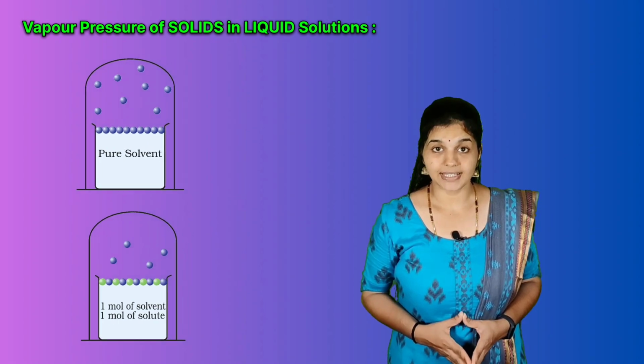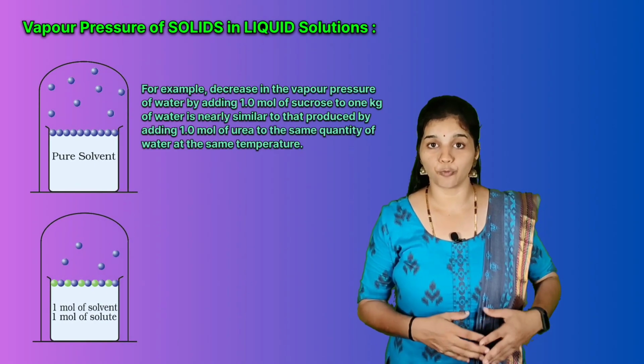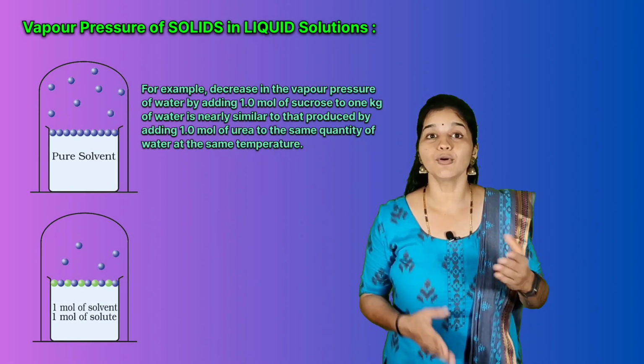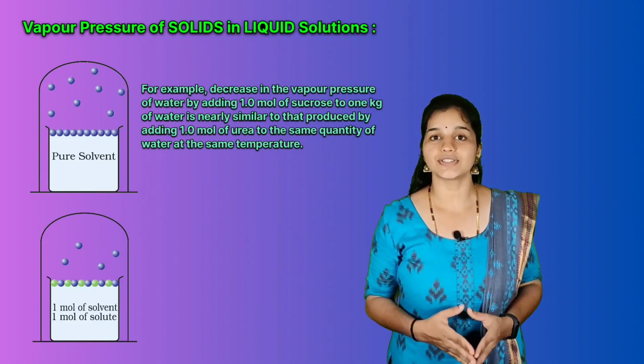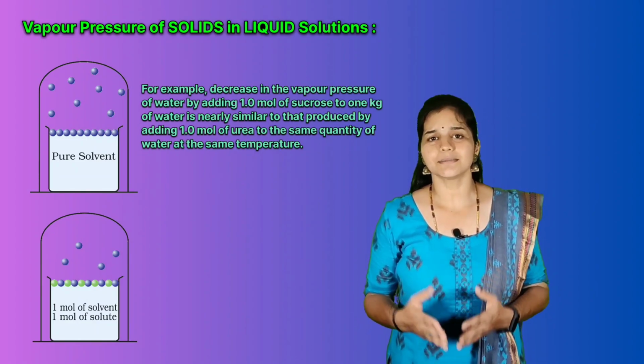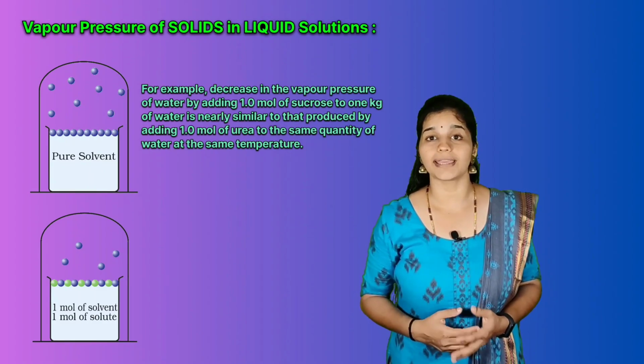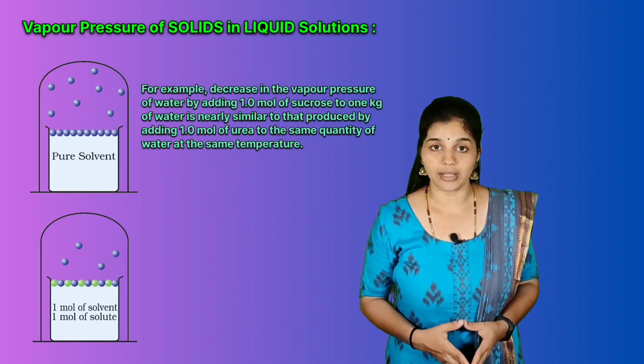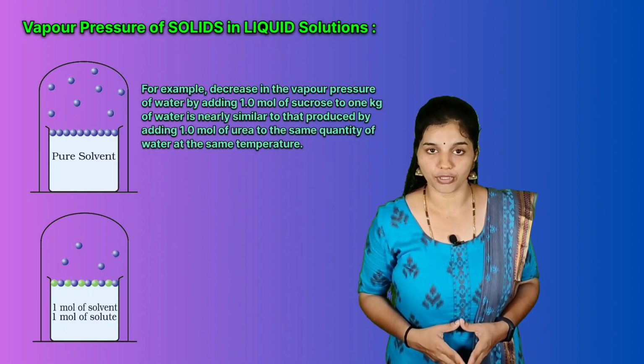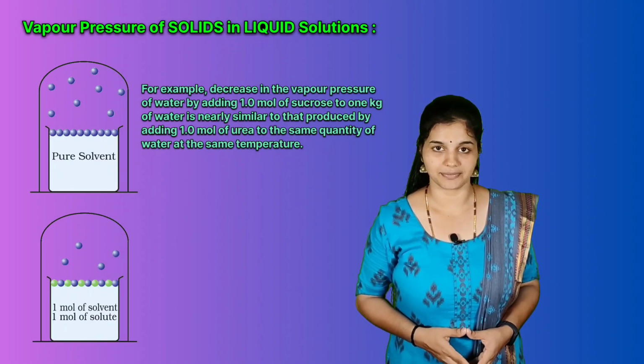An example for this is that the decrease in vapor pressure of water by adding 1 mole of sucrose to 1 kg of water is nearly similar to the decrease in vapor pressure produced by adding 1 mole of urea to the same quantity of water at the same temperature.